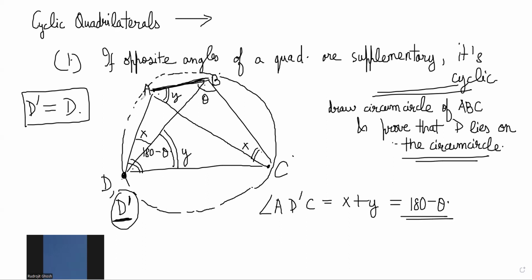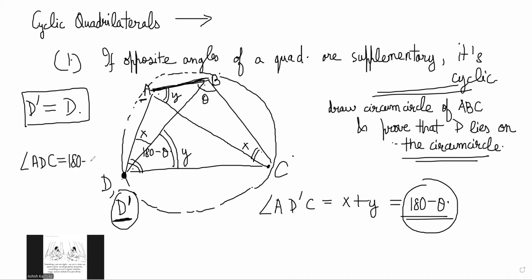So I know now that angle AD'C must be 180 minus theta, right? Yes, sir. But we already knew that angle ADC was 180 minus theta, right? Yes, sir. So that shows us that D dash and D are identical, right?